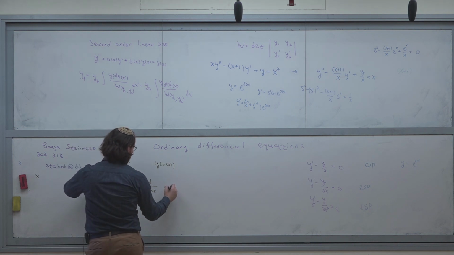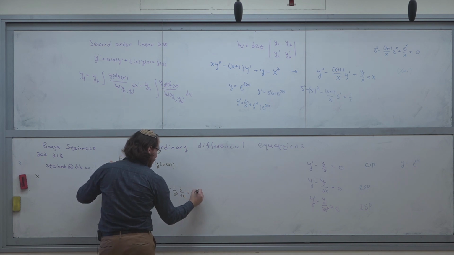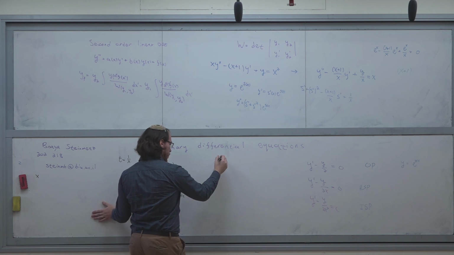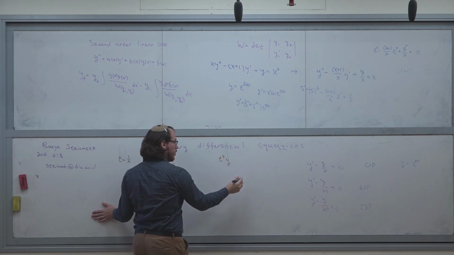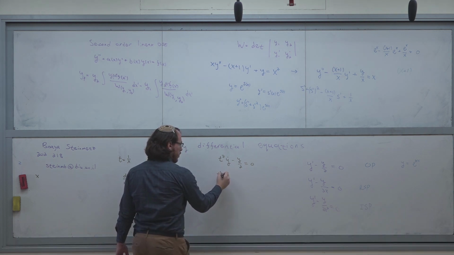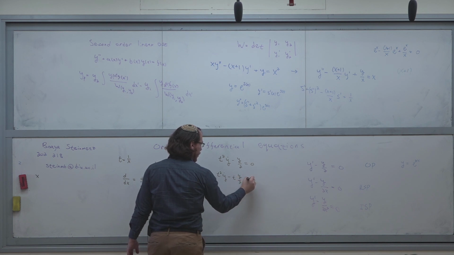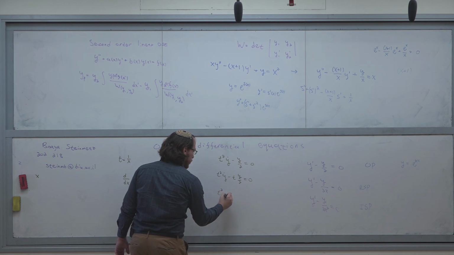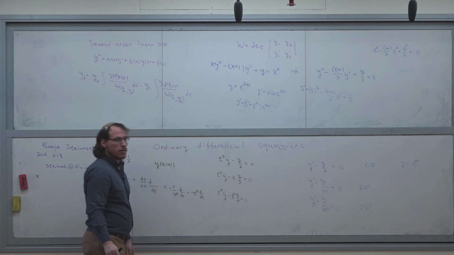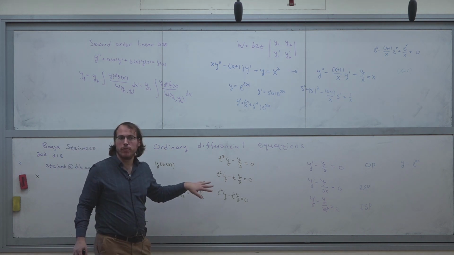And now we see that this is... so what we have to get here... and now we want to ask what is the behavior at t equals 0.